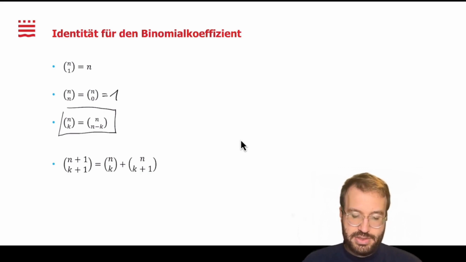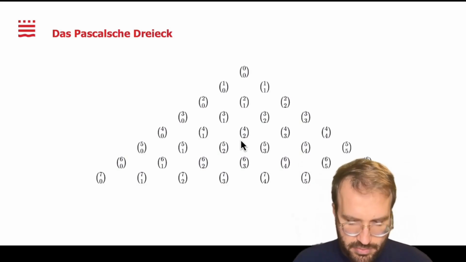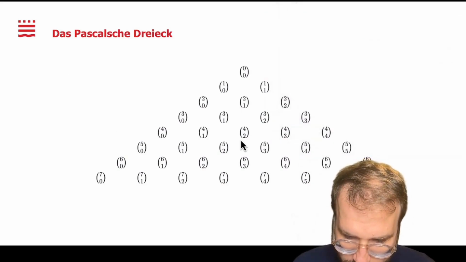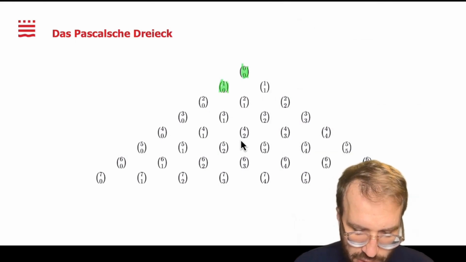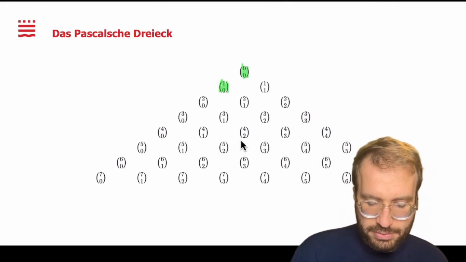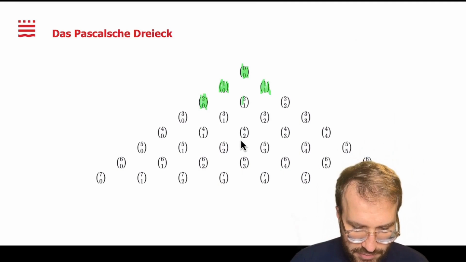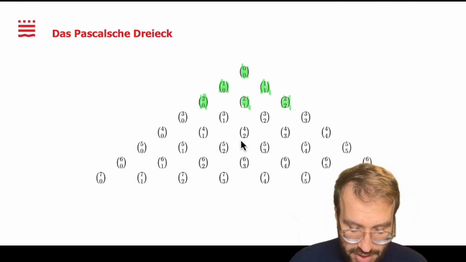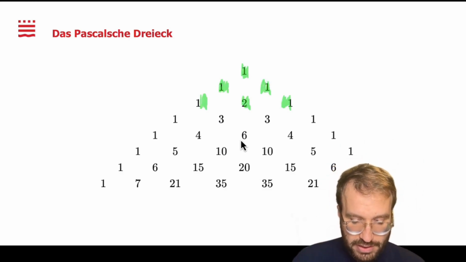This identity helps us determine what's called Pascal's triangle. So we write down the following triangle, where at the top we have 0 choose 0, then 1 choose 0 and 1 choose 1, and you can see then we always keep going down successively. And if we plug in the numbers for this triangle, then you see the following identity.